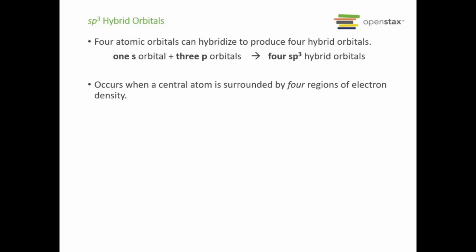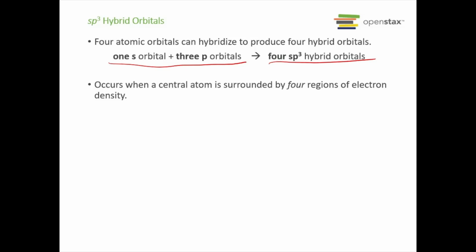Next is sp3 hybridization. When you go on to organic chemistry, this is the one you're going to see the most. sp3 and sp2 tend to be the hybridizations you deal with the most, sp3 being the most common. This is when you have four atomic orbitals hybridizing to form four hybrids: one s orbital and three p orbitals forming four sp3 orbitals.